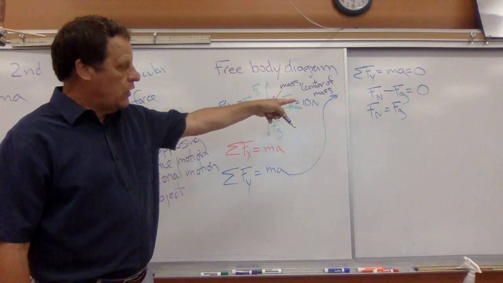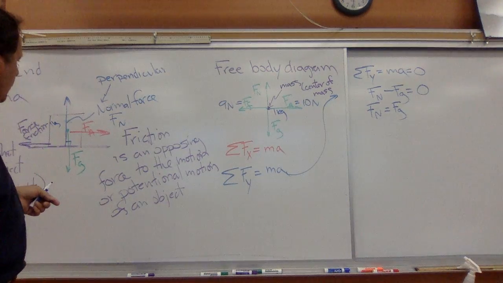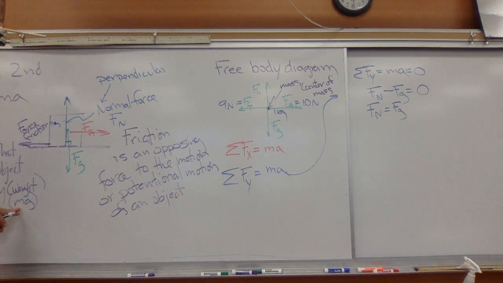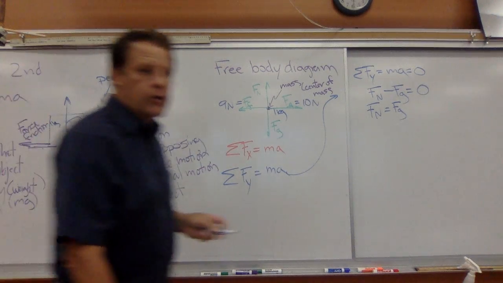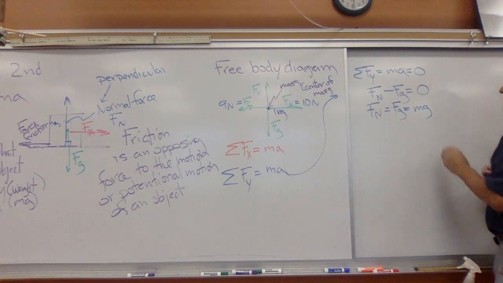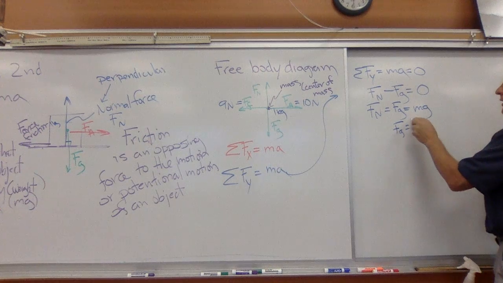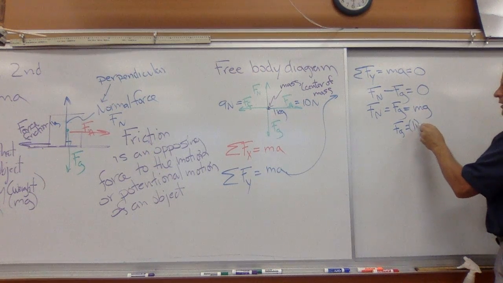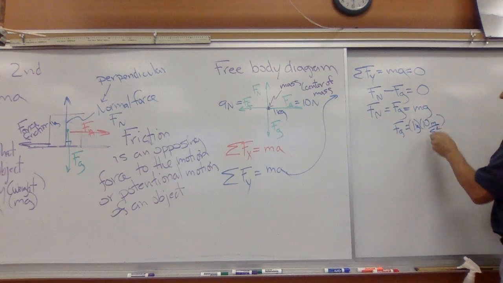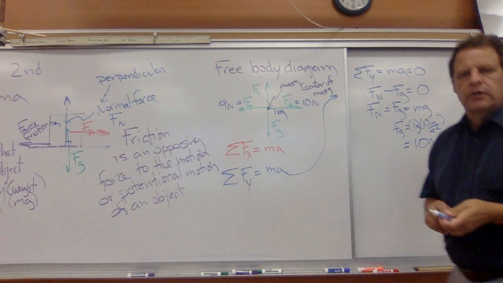So to follow up here, the normal force is equal to the force of gravity, and as I said before, the force of gravity is equal to the weight, and that is equal to mg. So the force of gravity is 1 kilogram times gravity, which is 10 meters per second squared, and that would equal 10 newtons.